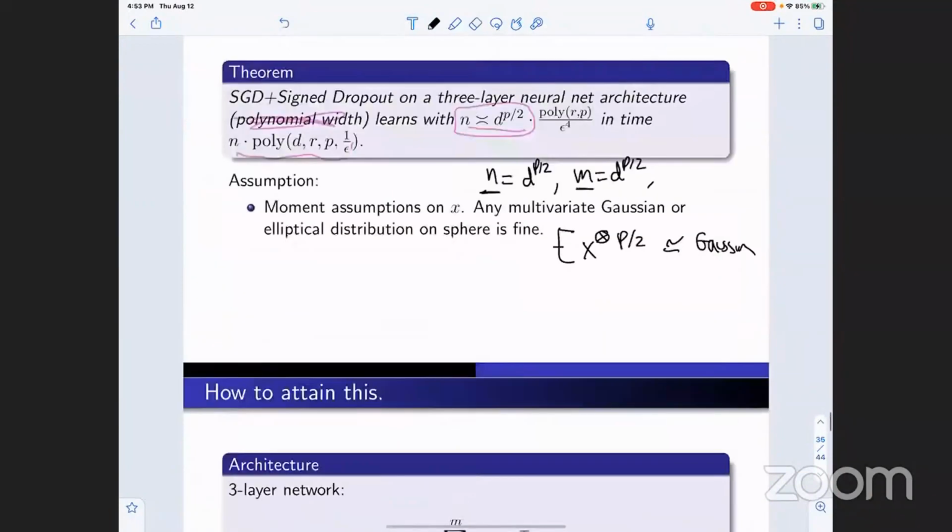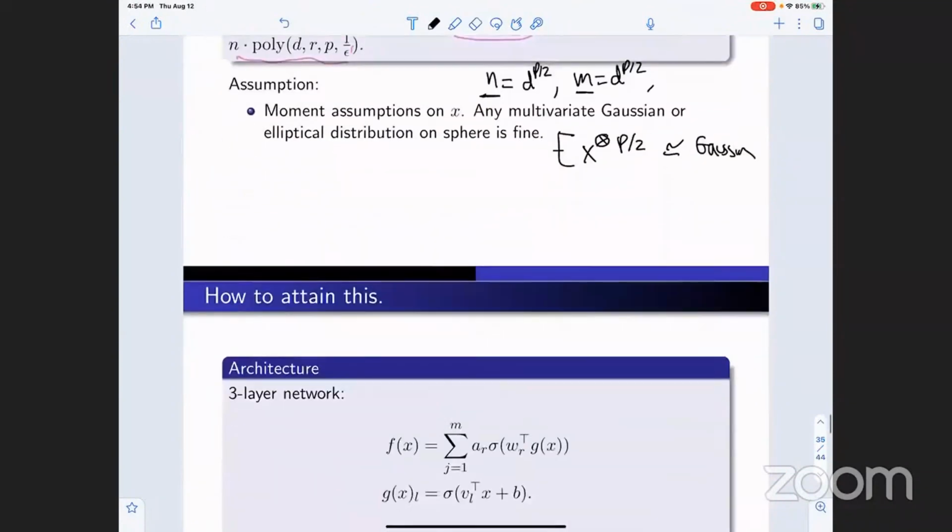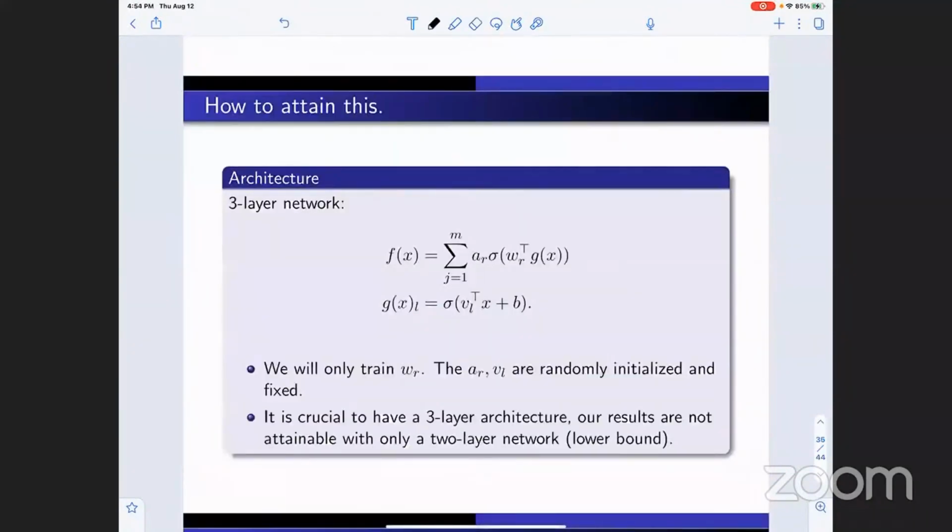And then in analogy to Daniel's talk, you should think, okay, this d to the p over 2 should really remind you of his complexity result about learning tensors of order p, and they also need d to the p over 2. And that's kind of what's happening here under the hood, is that this 3-layer neural net architecture is simulating matricization, which is one of the techniques Daniel discussed.